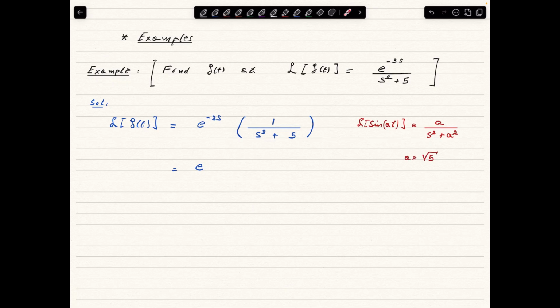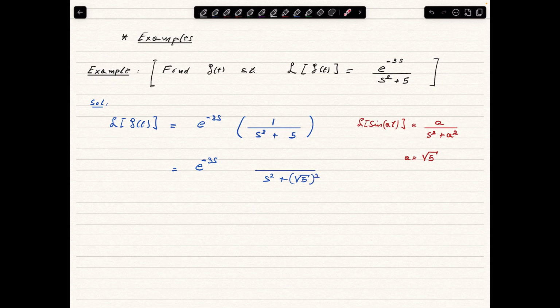Then the denominators are the same, but we are missing the a, the square root of 5, on the top. That is easy to fix. Let's finish writing here, e to the minus 3s. Then we have the denominator, s squared plus the square root of 5 squared.